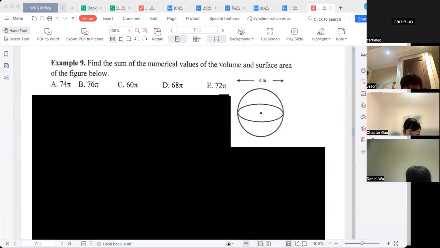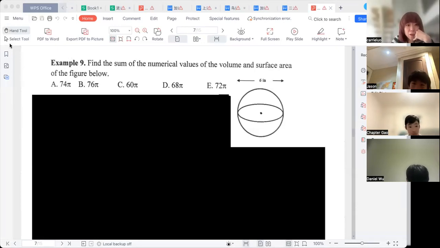So 4/3 pi r squared. Wow, what a nice question. Okay, find the sum of the numerical value of the volume and the surface area of the sphere.